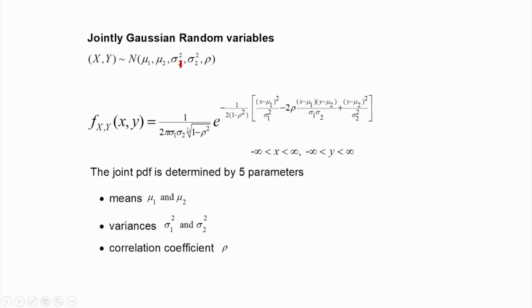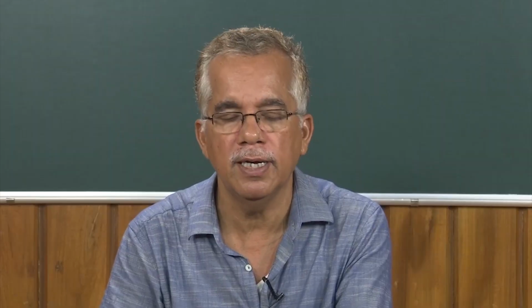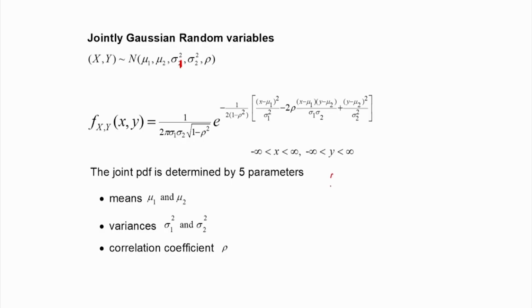So, this is the two dimensional Gaussian, and we see that these 5 parameters are controlling the characteristics of this two dimensional Gaussian. We can also show that if x and y are jointly Gaussian, then x will be individually Gaussian. So, what will be f x of x?